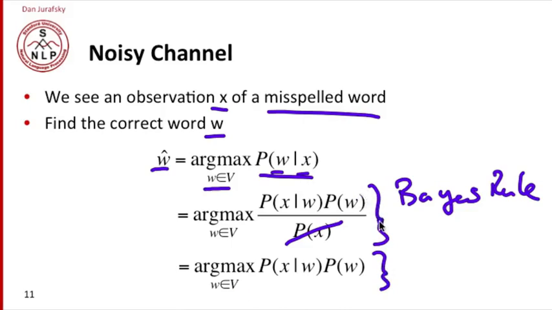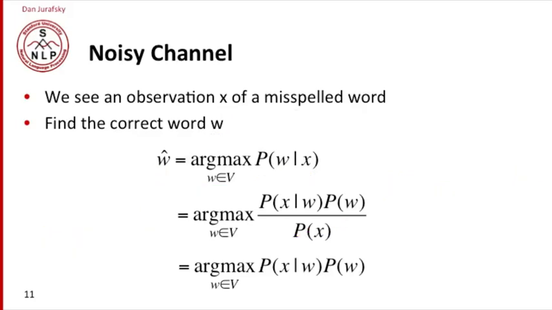And since the formula for that probability includes the probability of the misspelling X, we're including that probability in every W that we're considering. So if some W, say hypothesis 1, has a greater probability than hypothesis 2 by this equation, it'll also have a greater probability by this equation because X is a constant. X is the misspelling that we're trying to decide if W1 or W2 is a better hypothesis for.